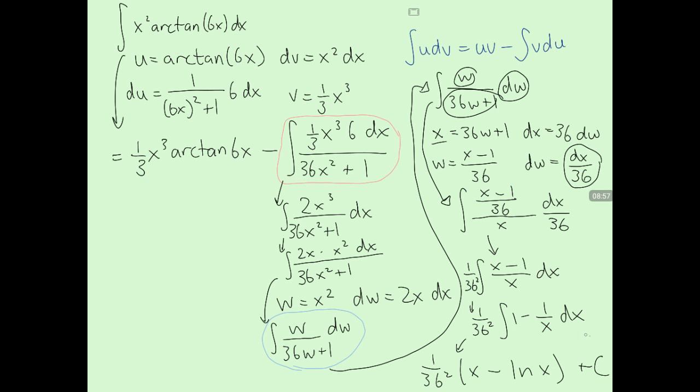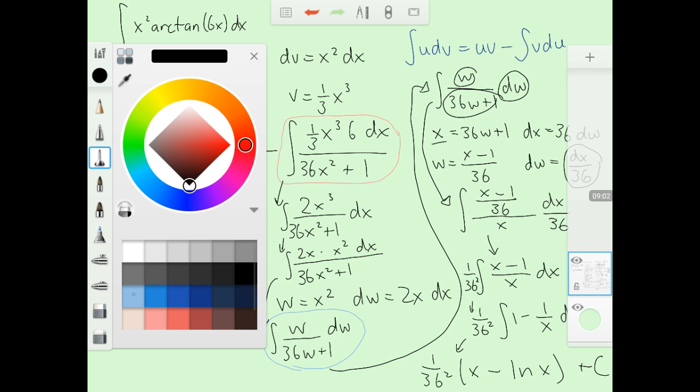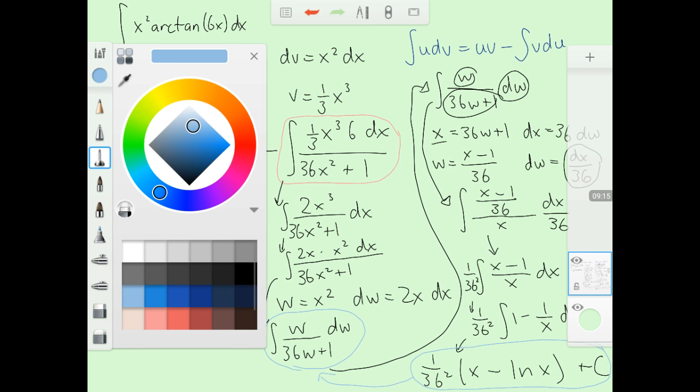So we have this, which is in terms of x. And we have this, and we can substitute that into here. This can be substituted up into this pink section.